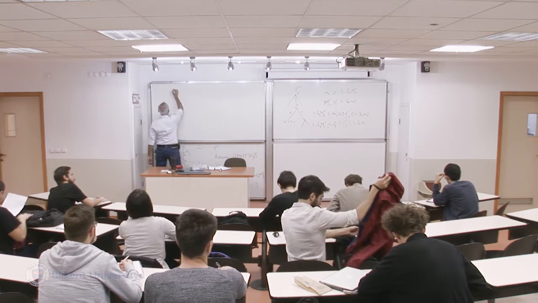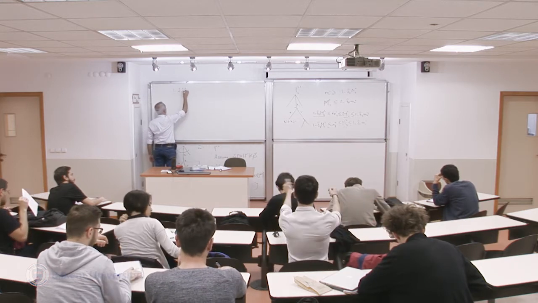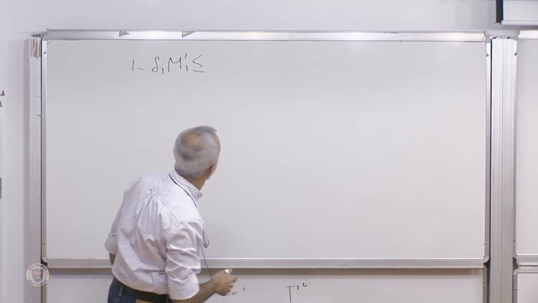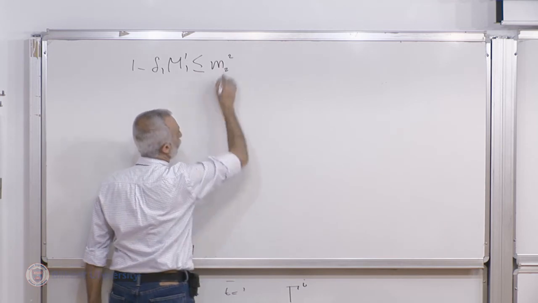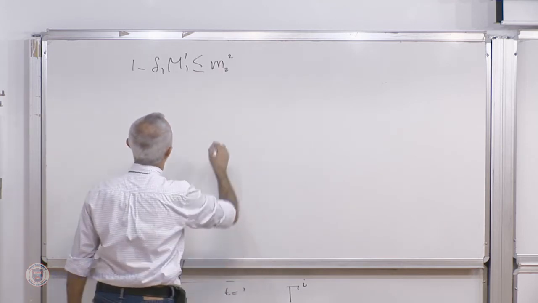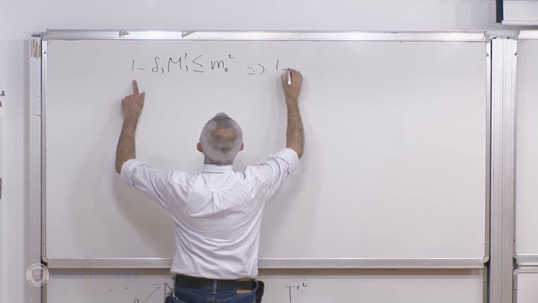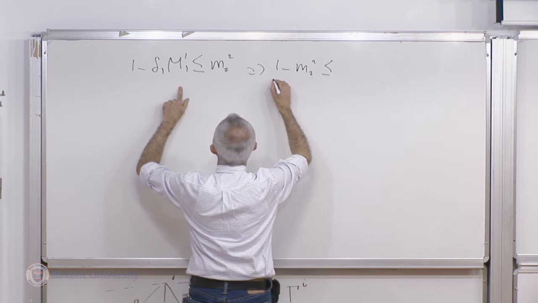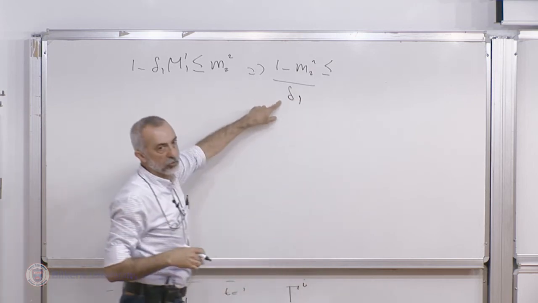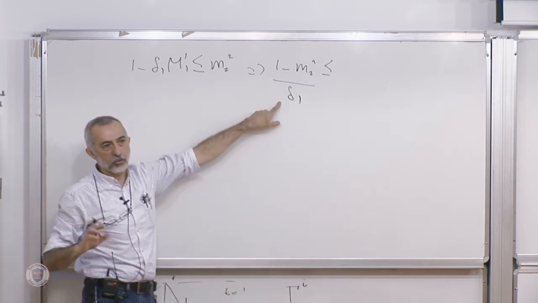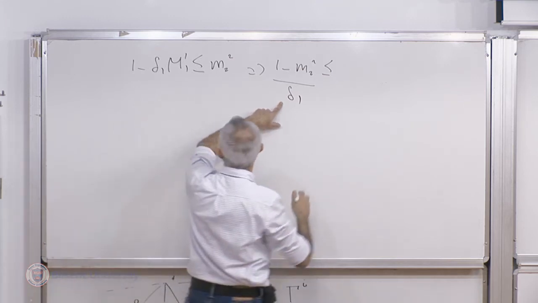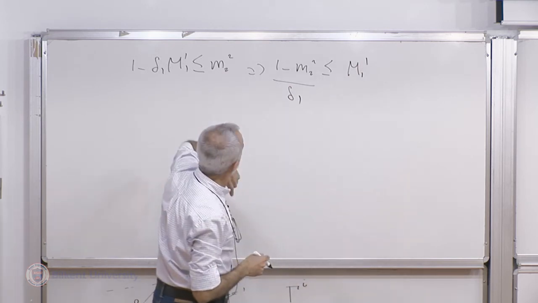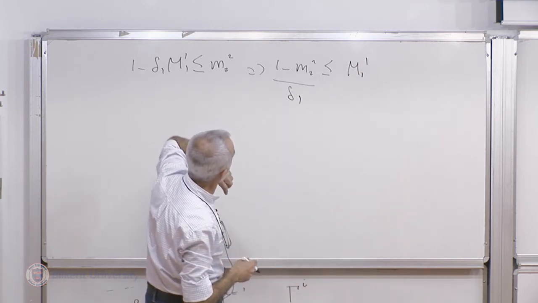So we have 1 minus delta 1 capital M11 less than or equal to M22, which implies 1 minus M22 less than or equal to, divided by delta 1. Remember, we took delta 1 greater than 0. Whenever you're doing division, be careful not to divide by 0. So M11. Okay? I hope I did not make any mistakes there.